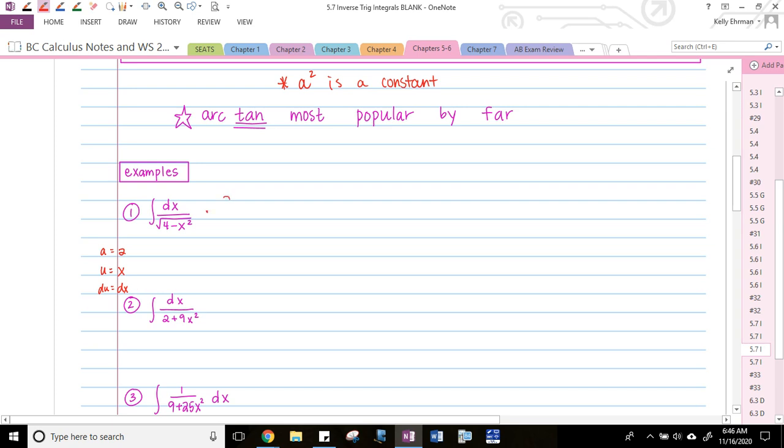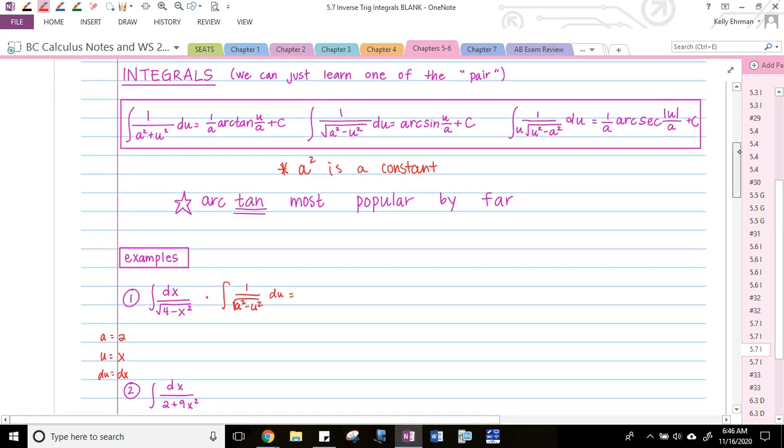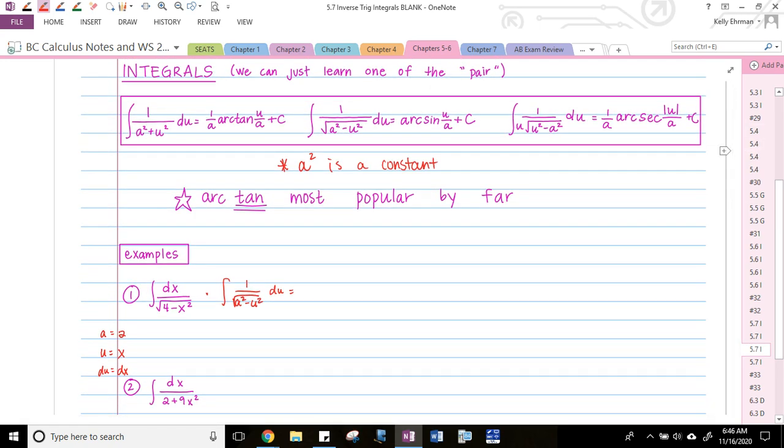So really I have the integral of 1 over square root of a squared minus u squared du. And as I memorize these, it'll get a little easier, but if you look at that, that is the derivative for arc sine of u over a plus c. So this is equal to arc sine of u over a, so x over 2, plus c.